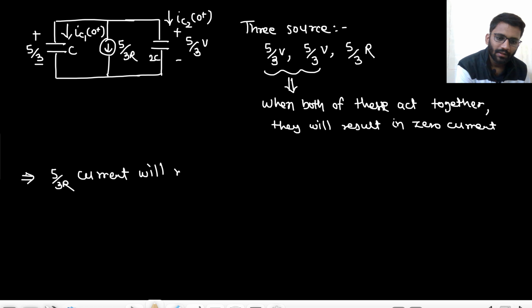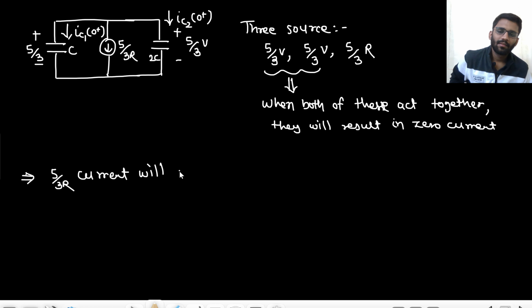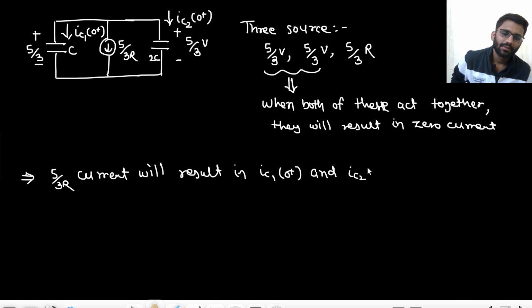The 5 by 3R current will result in IC1 at 0 plus and IC2 at 0 plus. So can you tell me what will be IC1 at 0 plus?